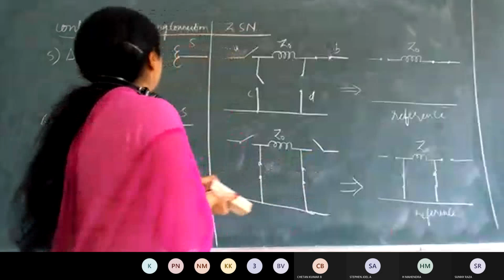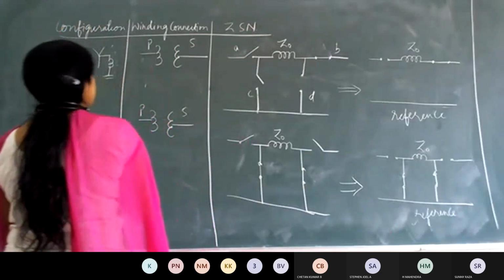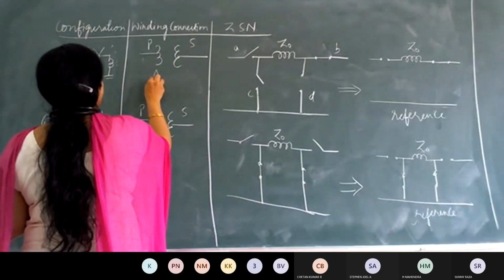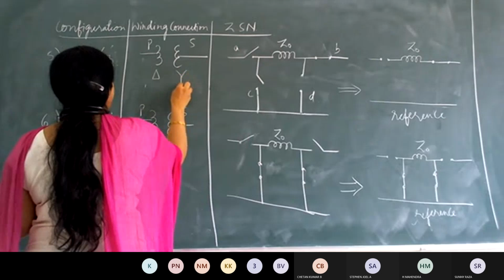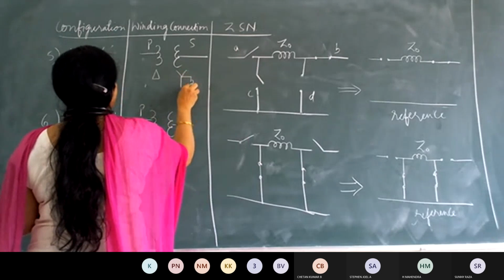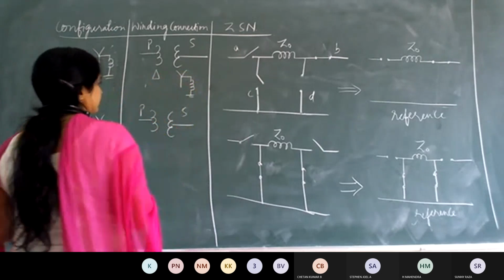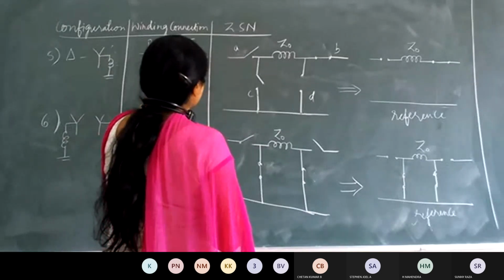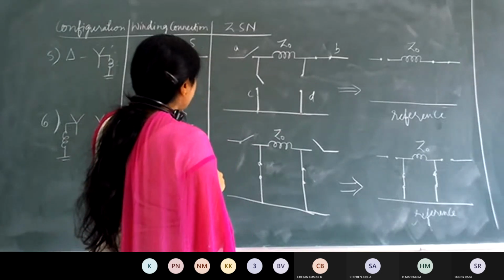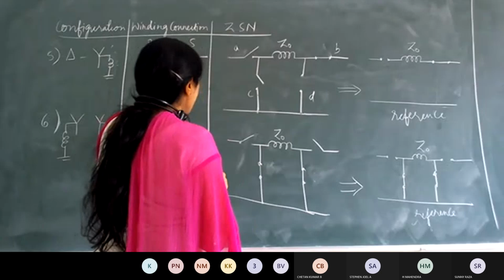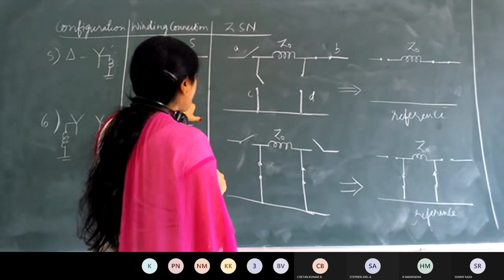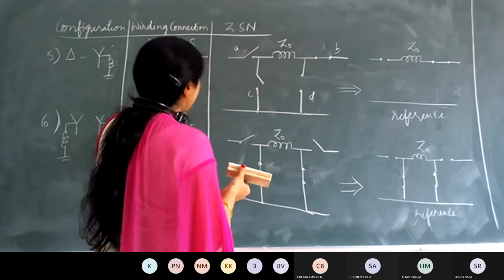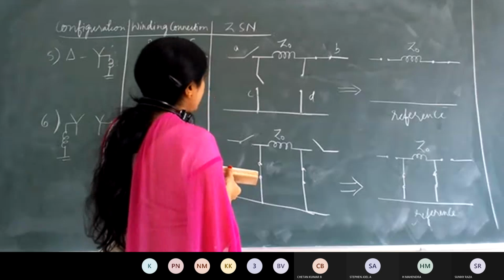In the configuration, the primary side is delta, the secondary side is star with the neutral grounded via the reactor. Whenever you get this type of connection, star with a neutral grounded via the reactor, observe carefully on which side you have it, secondary or primary.